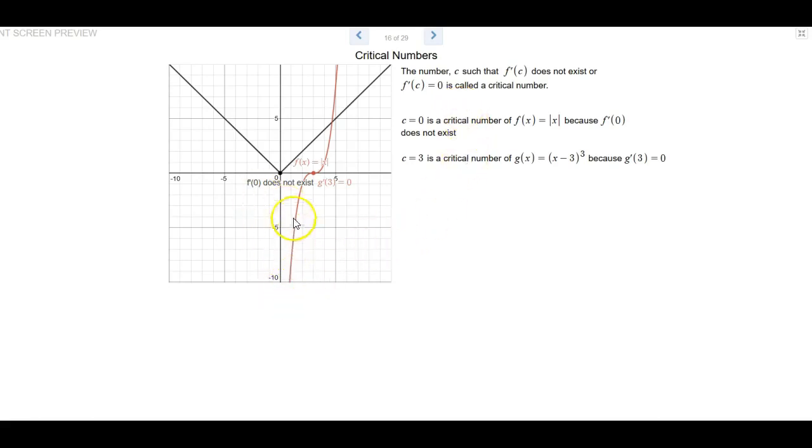Looking at this cubic, which I moved over 3 so I could fit both graphs on here nicely, at x equals 3 the derivative is 0. So that's a critical number, but again, it's not a max or min. And here at 0 for the absolute value function, the derivative doesn't exist. Notice that it's that corner. So that's another example of a critical number.